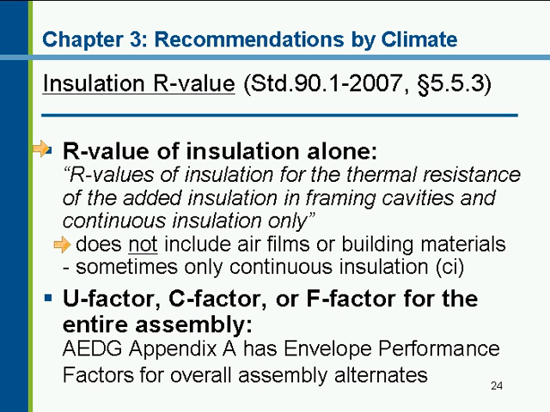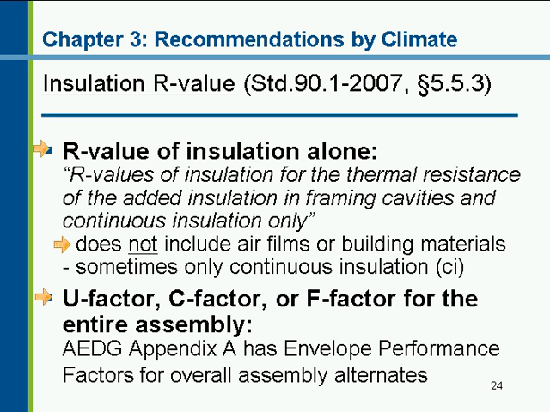Where it does say CI, though, it must be continuous insulation. So it means no framing interrupting the insulation. And this is simple. It's easy to understand. Of course, there are a lot of creative people out there, and there are ways to do other types of wall construction, roof construction, floor construction. So if you have some unusual construction, you can look at Appendix A, and that has the U-factors for these assemblies.